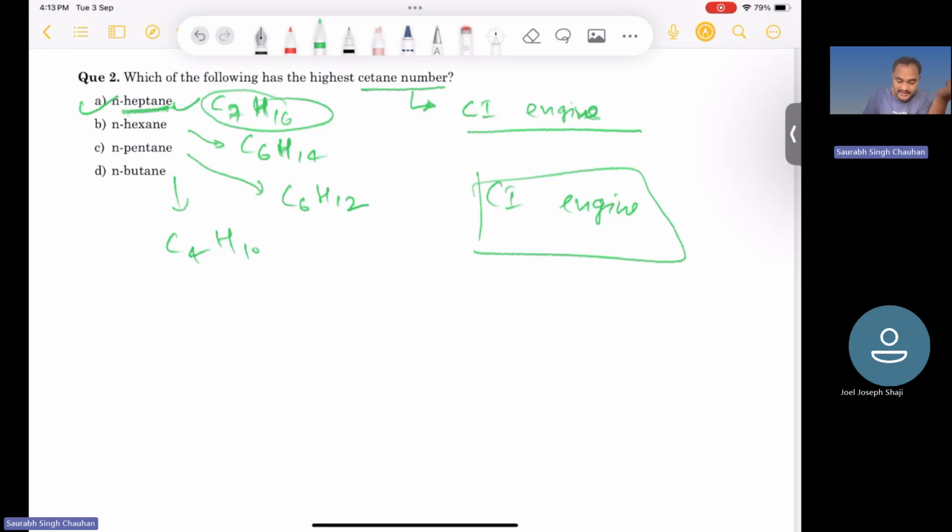These things are used when you do CFD, computational fluid dynamics, of engines. Anyway, I hope this is clear that heptane has the highest cetane number, and cetane number is a property for CI engine fuels. So I hope we can move to the next question.